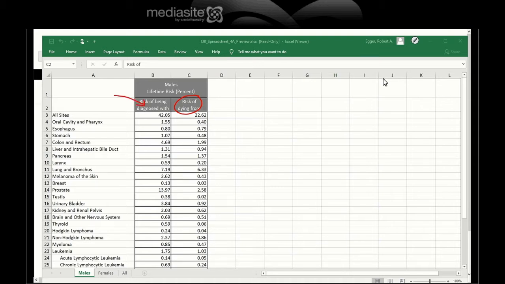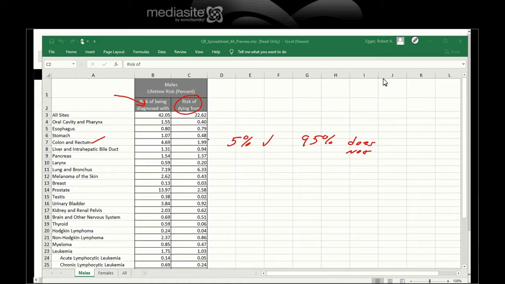Okay. So, say for colon and rectum cancer, just under 5% of males in their lifetime will be diagnosed with colon or rectum cancer. So 5%, yes, that means 95% do not get diagnosed with colon and rectum cancer.